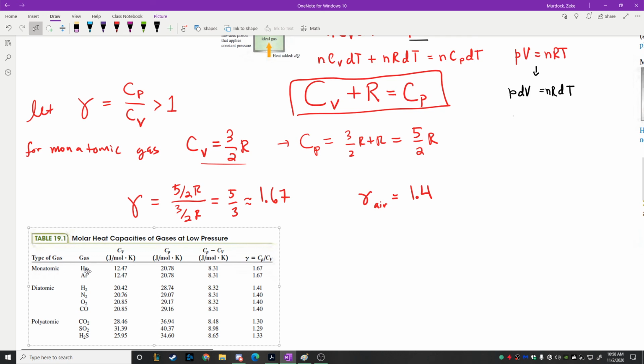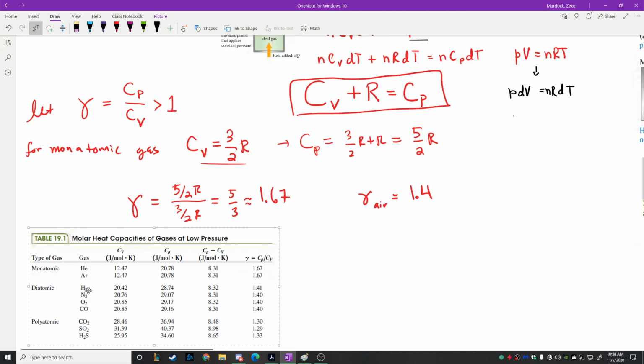For monatomic gas, helium, it says that Cv is equal to 12.47 and Cp is equal to 20.78. Also for argon, apparently they have exactly the same values. If you do Cp minus Cv in this table, you end up getting 8.31. 8.31 is the gas constant, right? And the relationship of Cp over Cv ends up being 1.67.